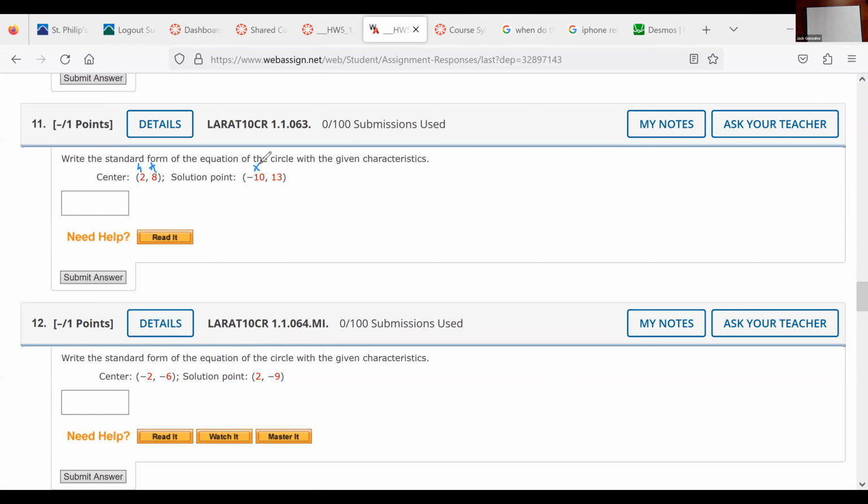We have a random x1, y1. So we know it's x minus h plus y minus k. Looks horrible, sorry.